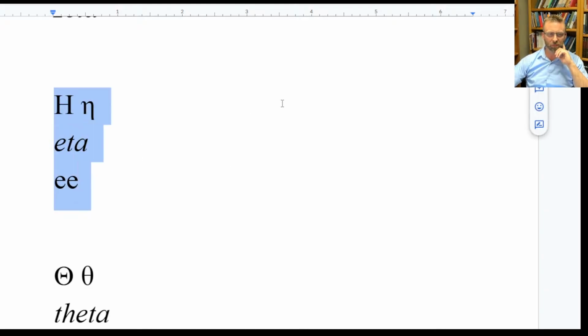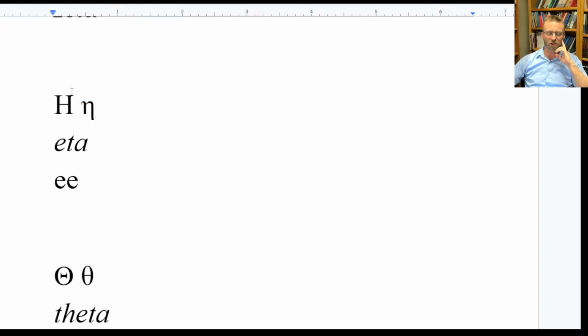up here, eta, and this is where it gets a little confusing because it looks like an H, right? Looks like modern H, but it's pronounced eta, it's a vowel. And then the lowercase, or the uncial, we would say, looks like a small n, but it's not, okay? So eta, okay?